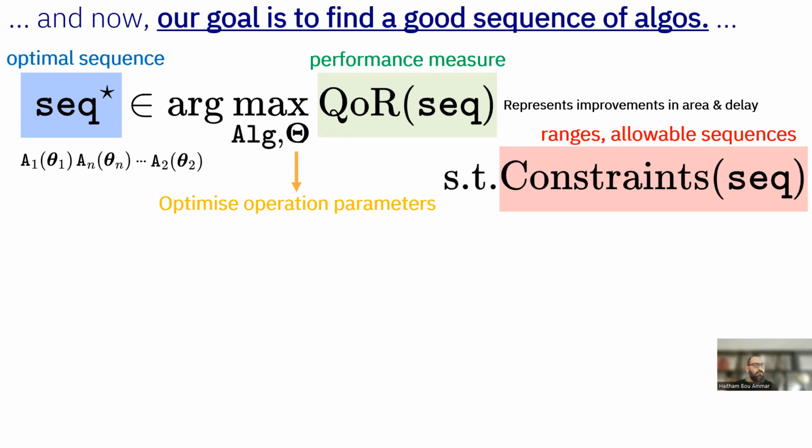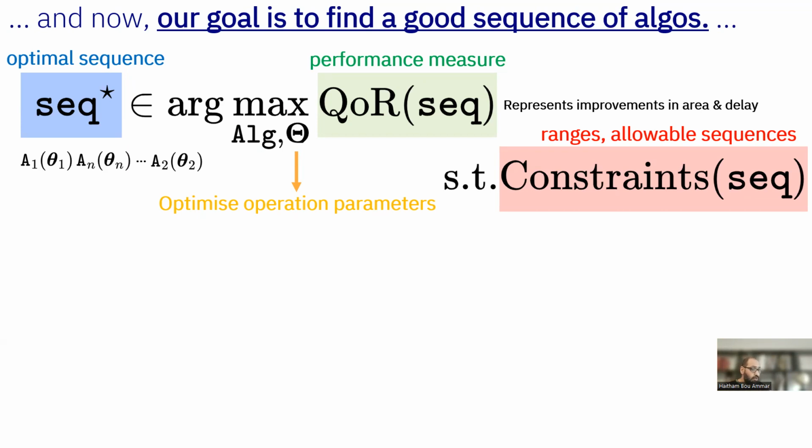Now, what does this performance measure actually measure? It measures two critical properties of your resulting physical design. It will measure the area you would like to have for your circuit. And it'll also measure the delay, how much time a signal would need to propagate through that circuit.